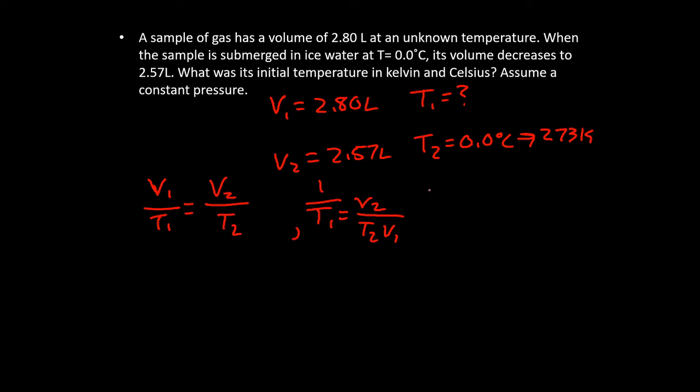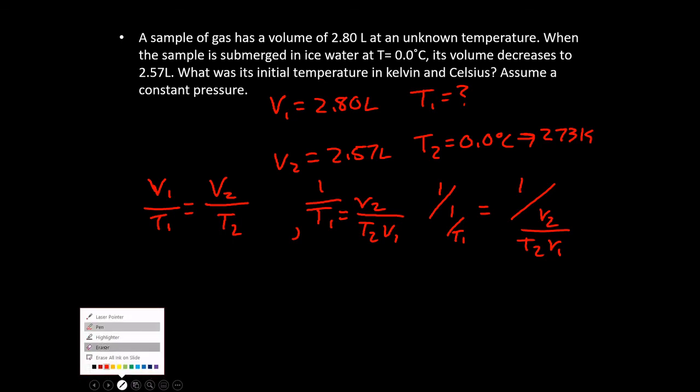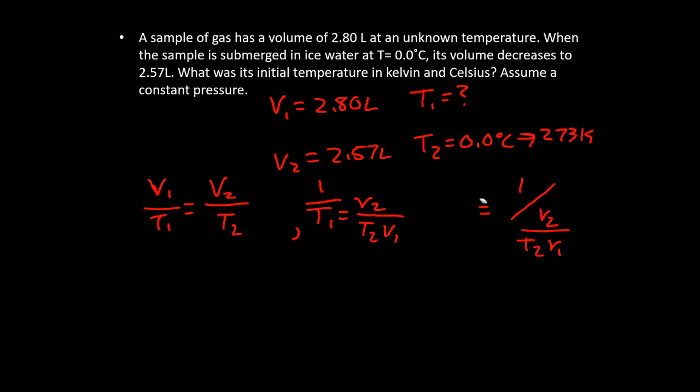So we would have 1 over T1 is equal to 1 over V2 over T2 V1. So that would be taking the reciprocals to put 1 over everything. Mathematically, the way that works out, though, is you're just going to flip everything. And so I'm just going to go ahead and do that here.